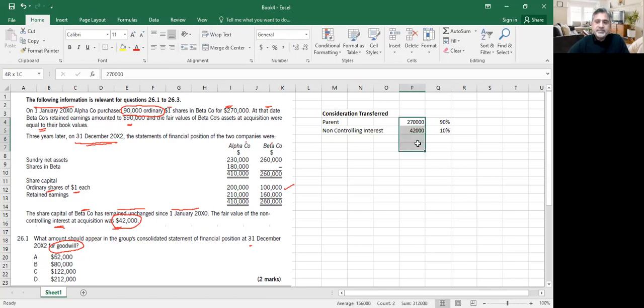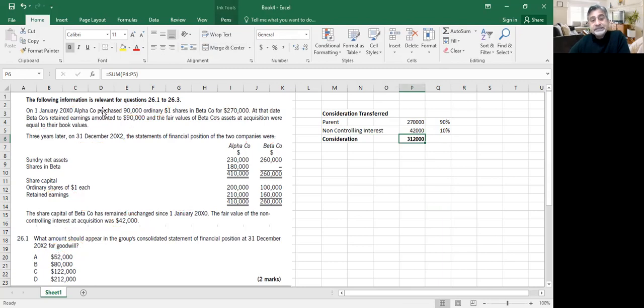So the total value given to acquire this business, which we call consideration, is 312,000 for 100% of the company. And out of this 312,000, Alpha Company is paying 270,000 and the other party is paying 42,000.